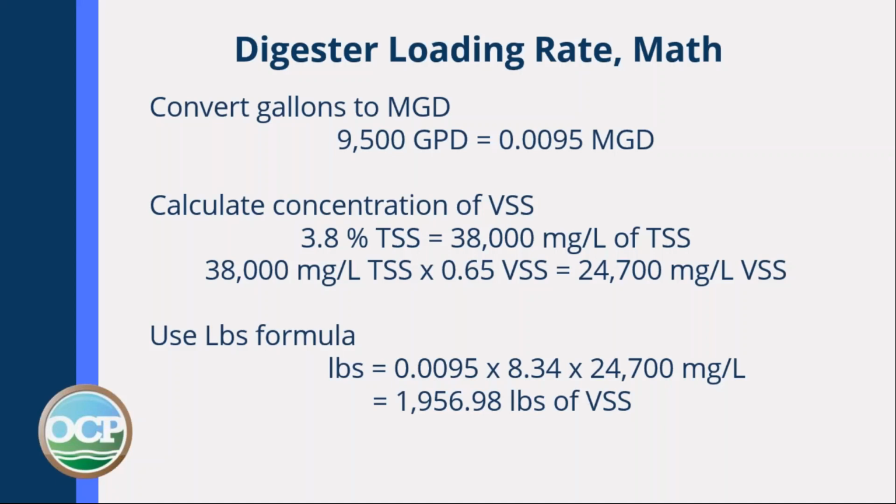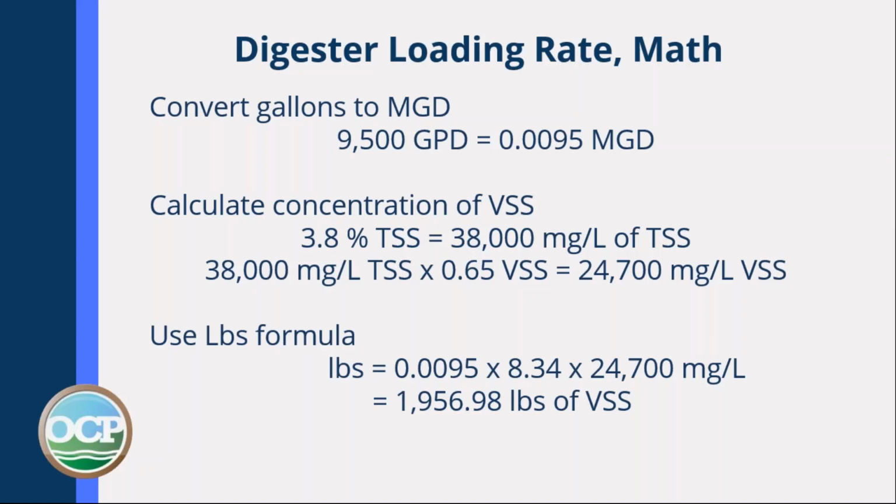Calculate the concentration of your volatile suspended solids. The problem said your solids, your TSS, were 3.8%. If you look on your formula sheet, you will see it says 10,000 or 1% equals 10,000 parts per million.